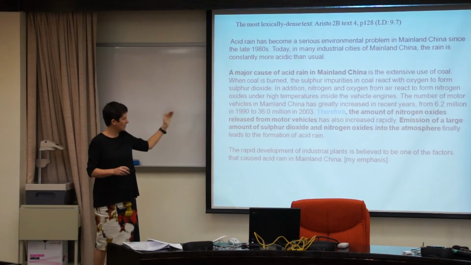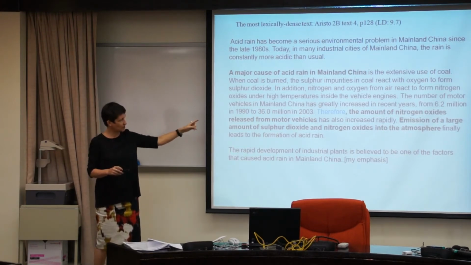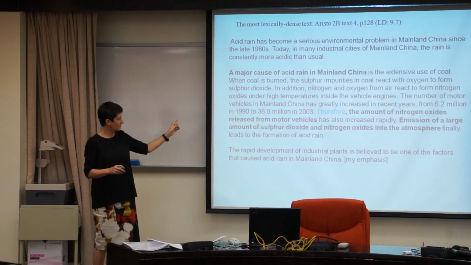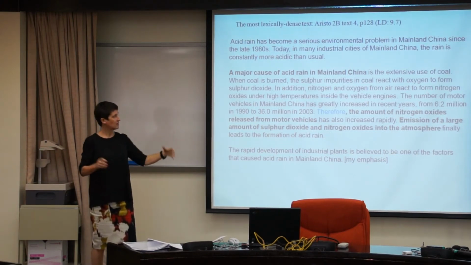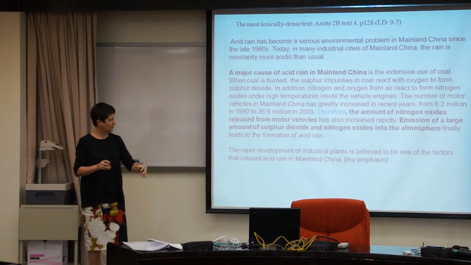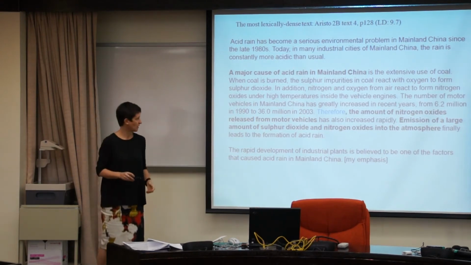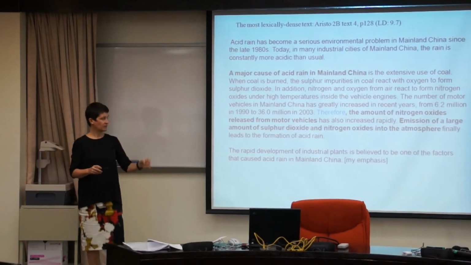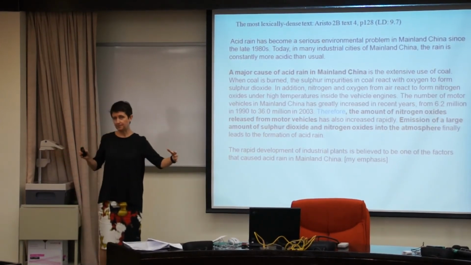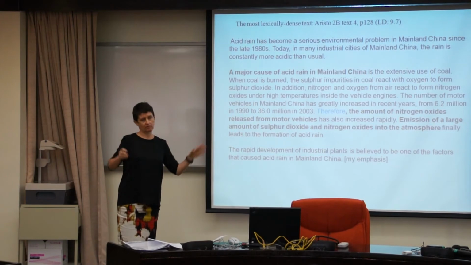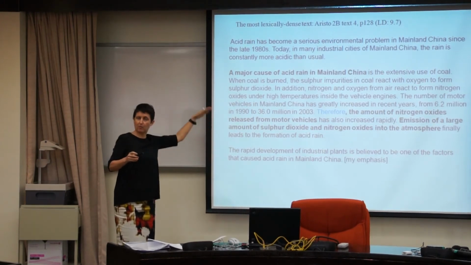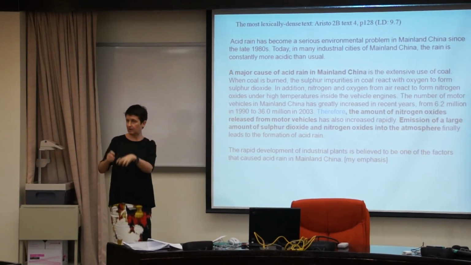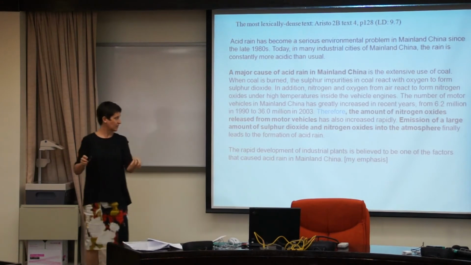And then you've got one that I should have highlighted, the number of motor vehicles in mainland China, moving it over to cars, and then the amount of nitrogen oxides released from motor vehicles. So then you've got several of the concepts from earlier on picked up in the nominal group.